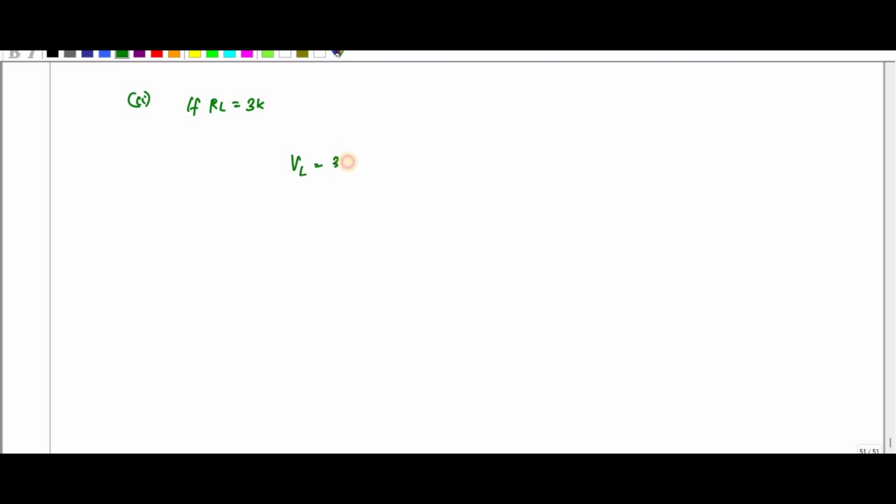VL is equal to 3K into 16 divided by 1K plus 3K. So that is nothing but 3K into 16 divided by 4K. So that is nothing but 12 volt. Okay. So here you can see this is a voltage across the Zener diode and the load. Okay. So now the VL is greater than VZ, right?